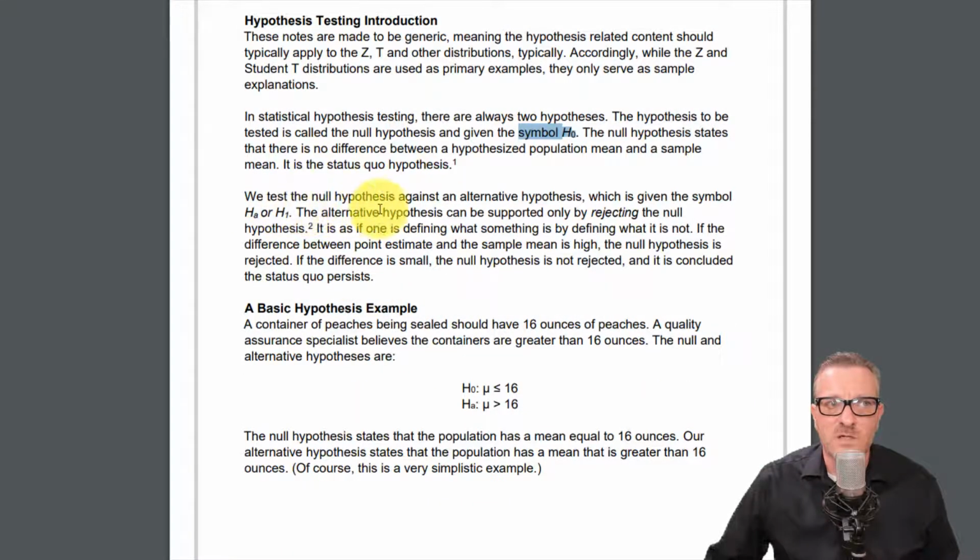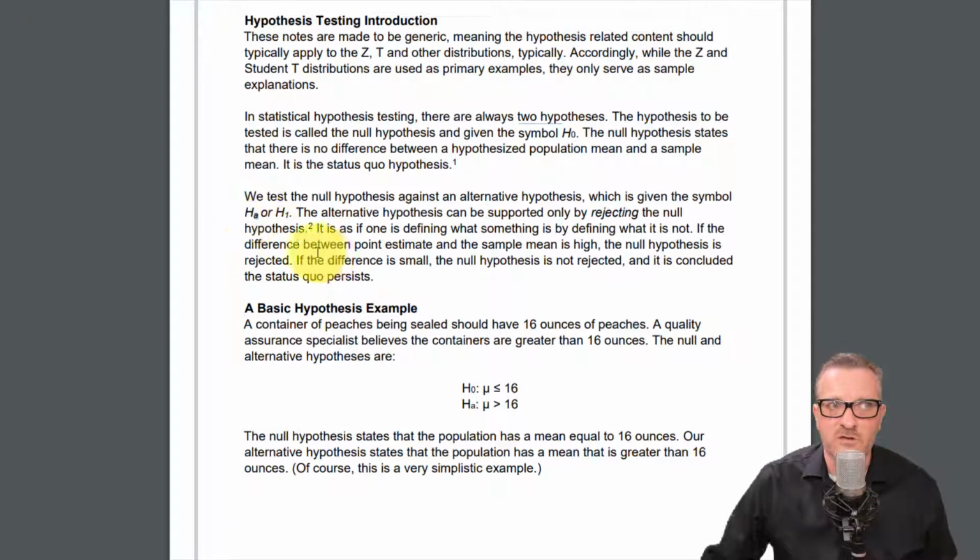We test the null hypothesis against an alternative hypothesis, also known as the alternate hypothesis, which is given the symbol HA or H1. I'm not sure which one's more proper, but you'll see them in textbooks. They fluctuate between HA and H1. If we're going with a number scheme, then H1, I guess, would be more appropriate.